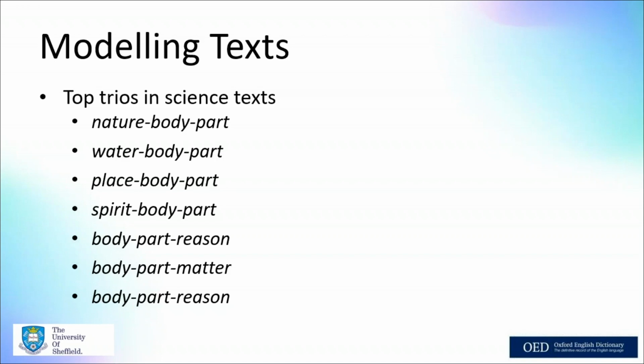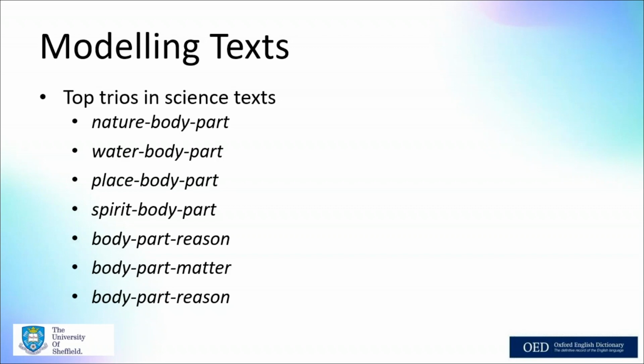You will also see that in the science texts, this pair, body, part, occurs in all of the strongest trios. Now, that I think suggests to us something about the nature of science discourse, which is a bit different from the sermon discourse that we saw in the previous slide. There were pairs that recurred in the sermon discourse, but there wasn't one pair that seemed to be so central.